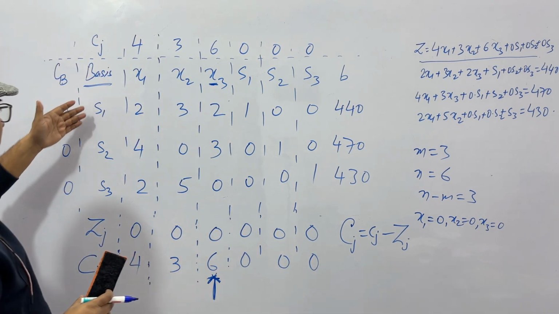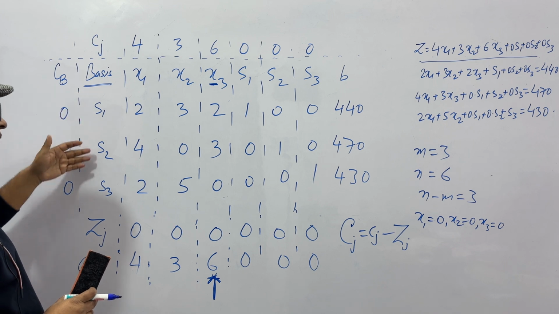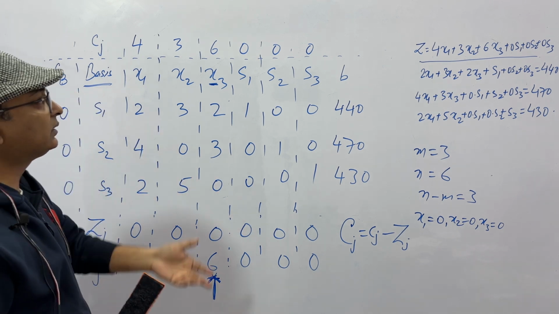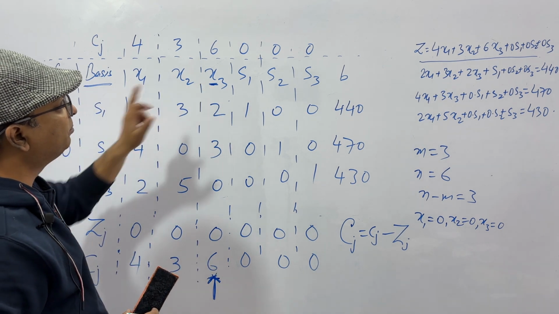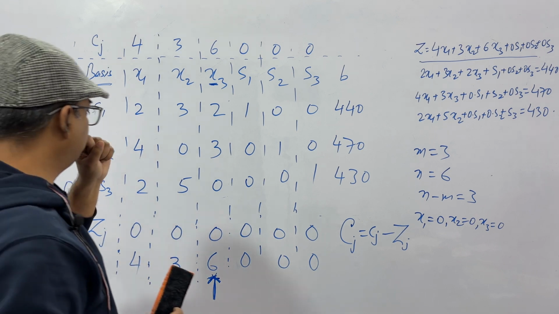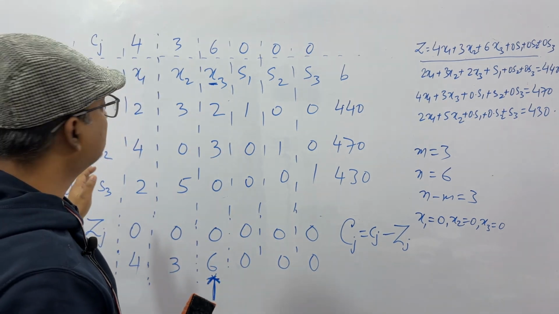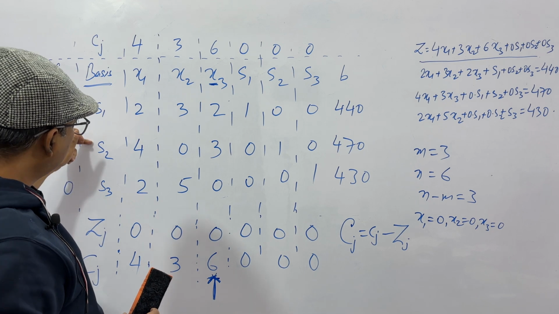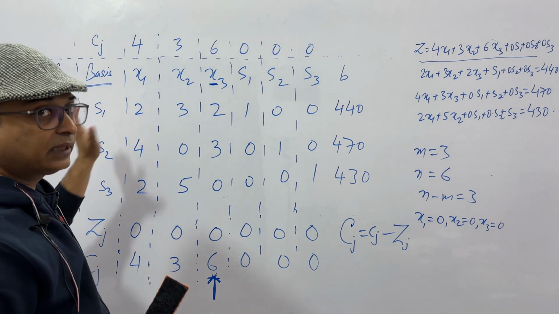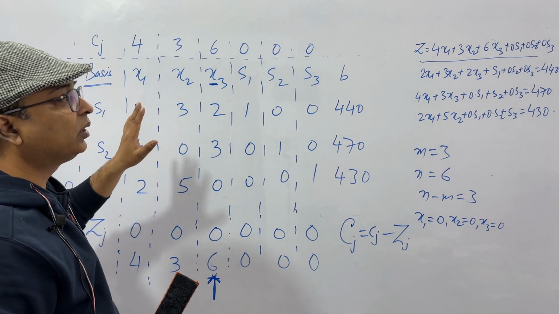Here we have s1, s2, s3, that is, basic variables are s1, s2, s3. So in the next table, x3 will be a basic variable. Clear? Now, when x3 will be a basic variable, obviously we'll have one variable exiting this table. That is called the outgoing variable.